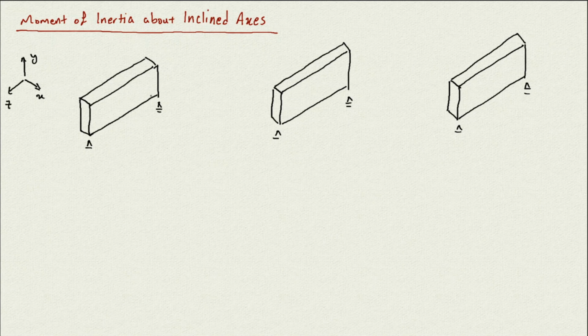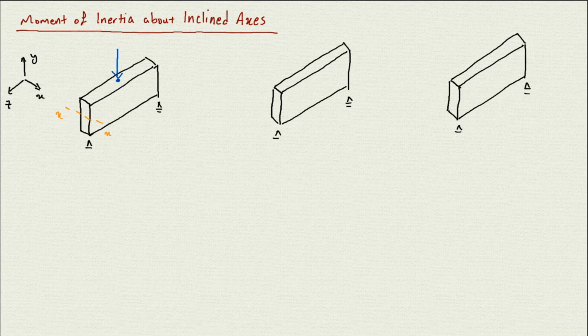Now if I put a force at the center, parallel to the y-axis, like this, it's going to start to bend about the x-axis. So that piece of wood would be bent about that x-axis.